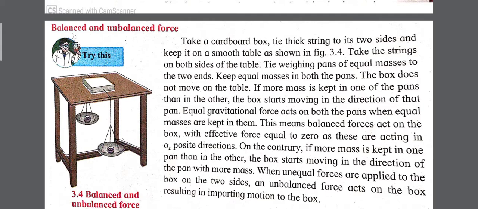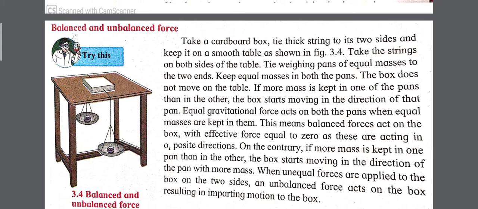The box moves in the direction in which the heavy weight is placed, means towards the heavyweight direction.